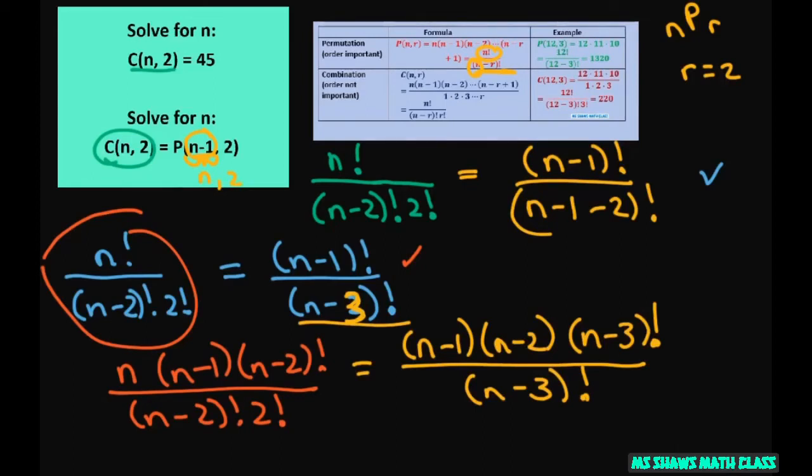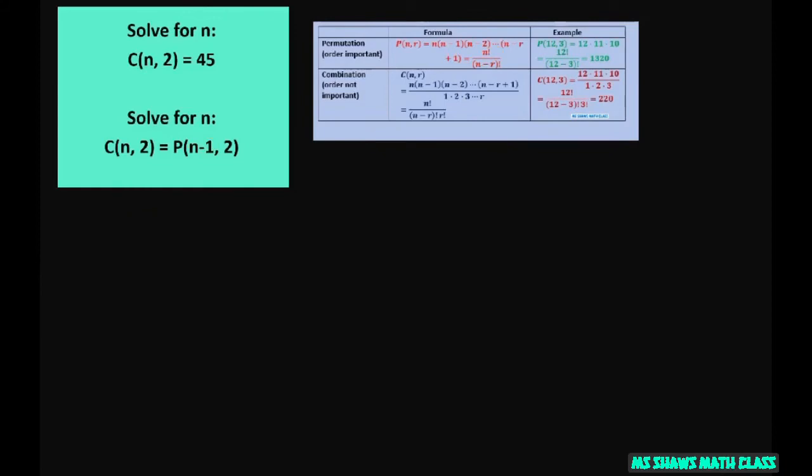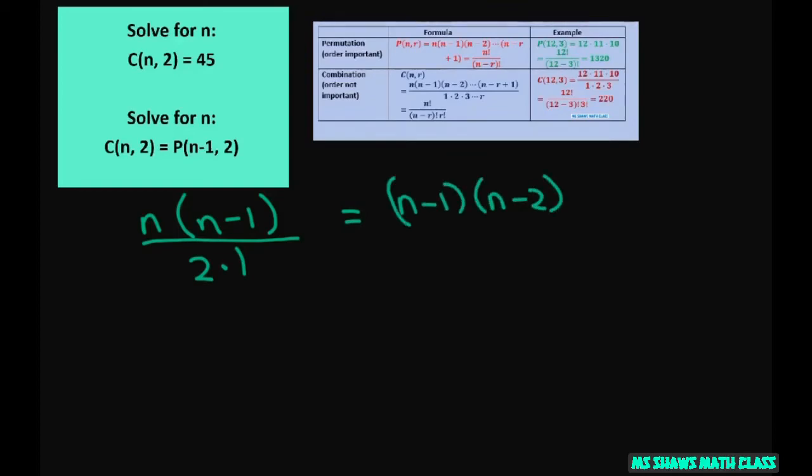Now what you're going to do is cancel these two out and these two out. And then what you're going to get is n times n minus 1 divided by 2 factorial, which is 2 times 1, equals n minus 1 times n minus 2. Now, n is going to be greater than or equal to 2 because this has to be positive.